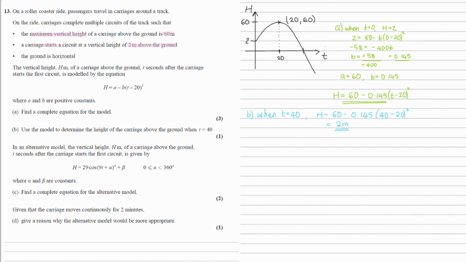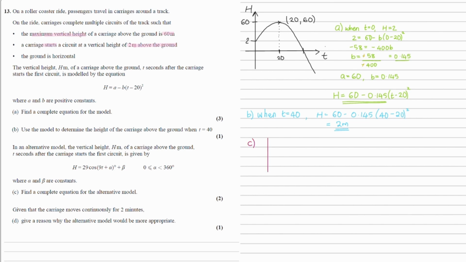The question then says, in an alternative model, the vertical height h meters of a carriage above ground, t seconds after the carriage starts the first circuit, is given by h = 29 cos(90t + α) + β, and α is between 0 and 360, where α and β are constants. Part C, find a complete equation for the alternative model.